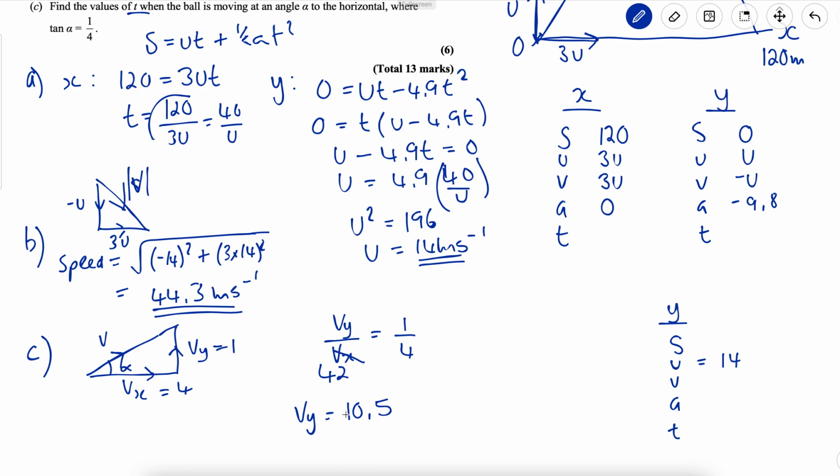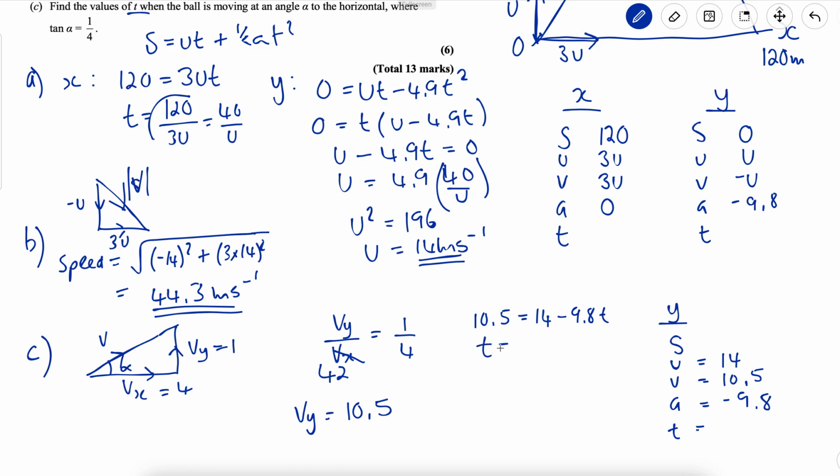The velocity at this point when it's travelling in this direction is 10.5. Acceleration is minus 9.8. Doesn't matter that I don't know distance because I can now still work out time using v equals u plus at. So v, 10.5, equals u, which is 14, plus a, which is minus 9.8 t.